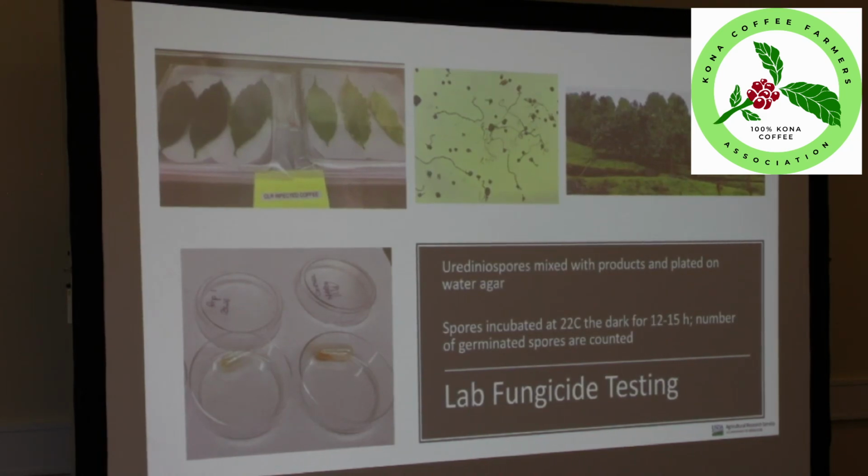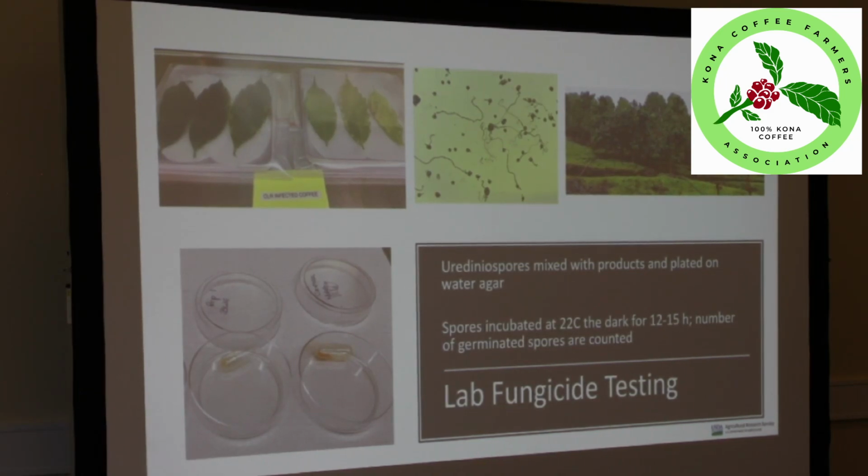To begin with lab fungicide testing, these are what we call our in vitro tests. The simple methodology is to collect fresh spores, mix them with the product in a tube, let them sit, and plate them on water agar, which just looks like clear jello on a plate.